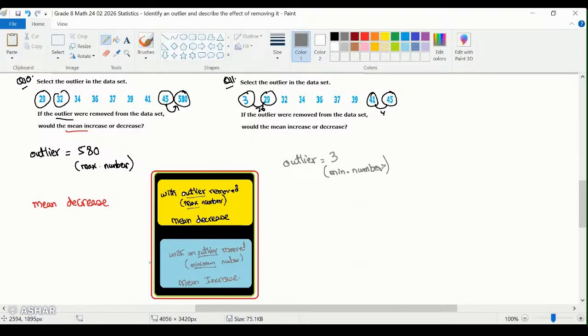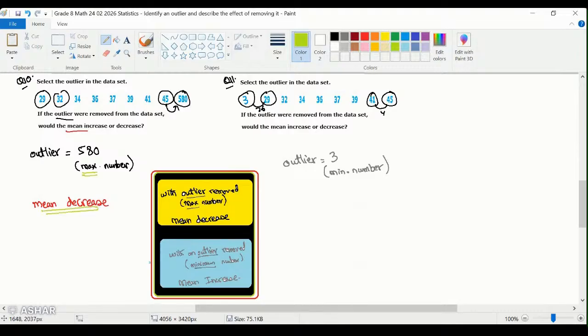When the outlier is minimum, what will happen over here? We saw that for the maximum, the mean decreases.